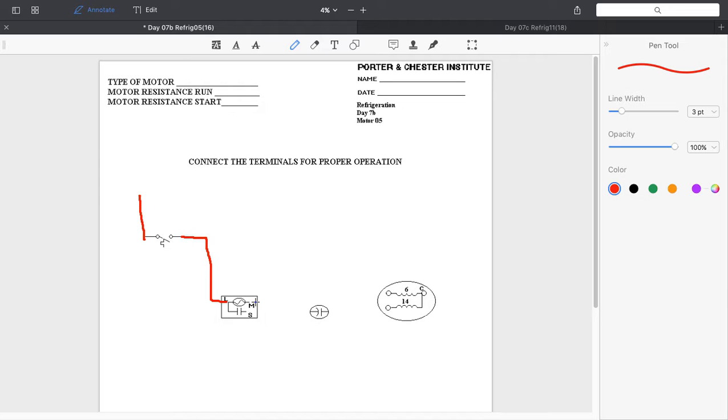In this case, there's nothing between M and the run winding of your motor. S is my start winding. However, we have a start capacitor, so let's come out of S. We're going to go to our start capacitor, and we're going to go to our motor.